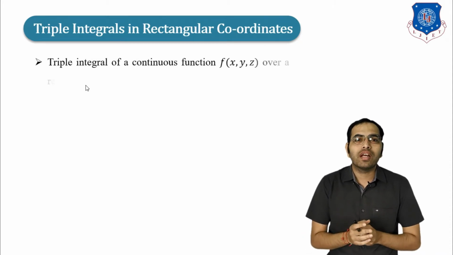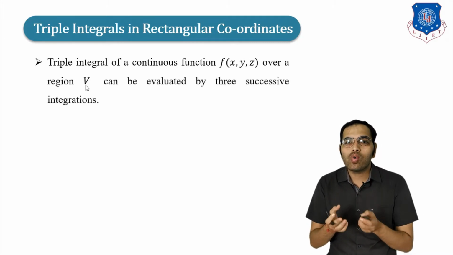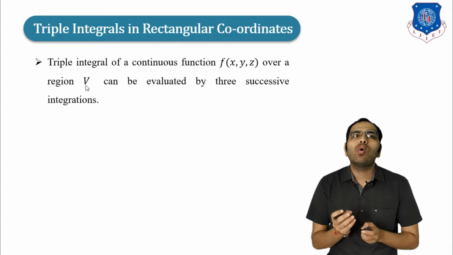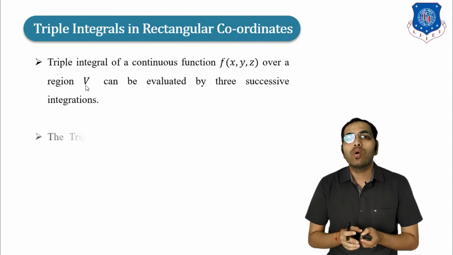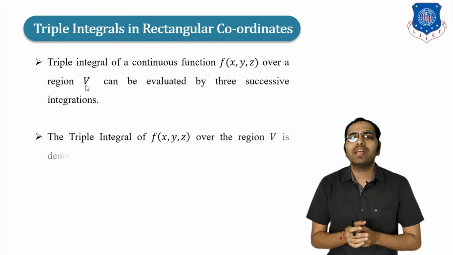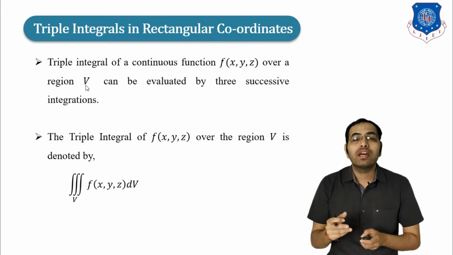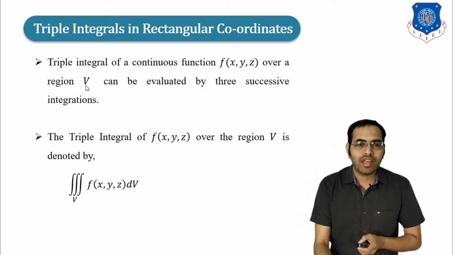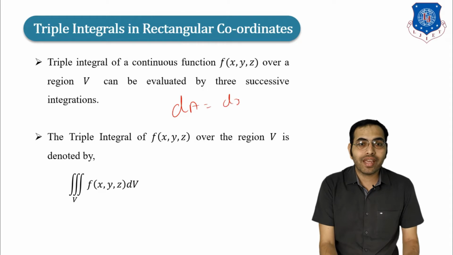The triple integral of a continuous function f of x, y, z over a region capital V or capital R can be evaluated by three successive integrations. The triple integral of a function over the region is denoted by triple integral over V of f of x, y, z dV. Here dV indicates volume and dA indicates area.